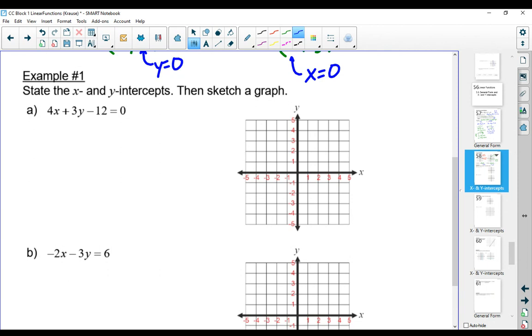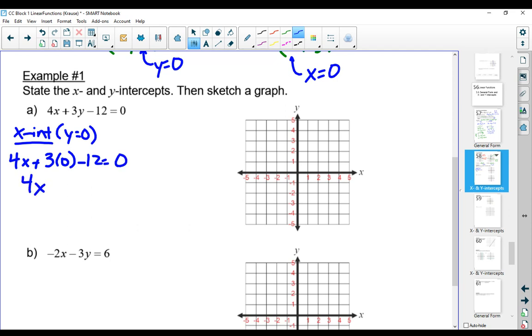So this equation is in general form, and we're asked to find the x and the y-intercept. Well, if you remember from just above, if we're looking for an x-intercept, that means that y equals 0. So we are going to sub y equals 0 into our equation and solve for x. So 4 times x plus 3 times 0 minus 12 equals 0.